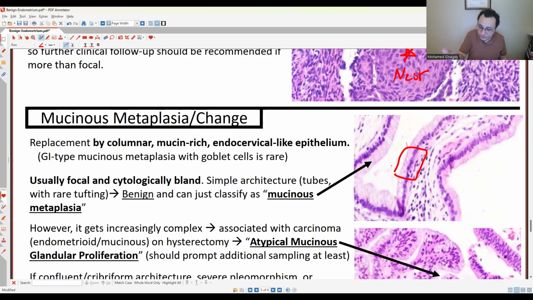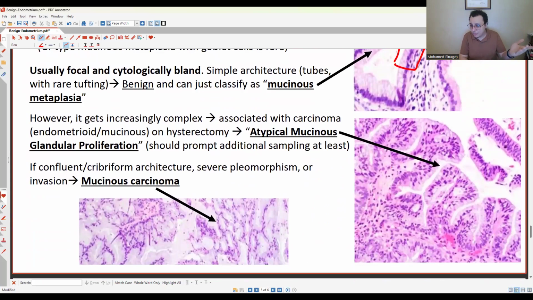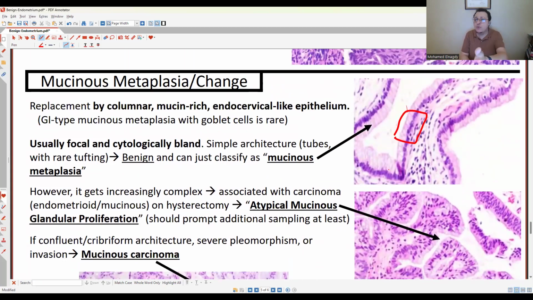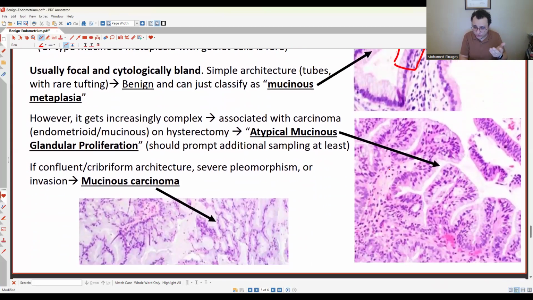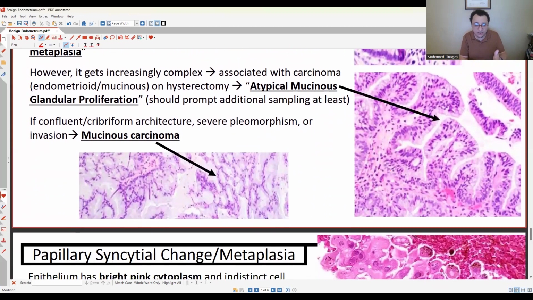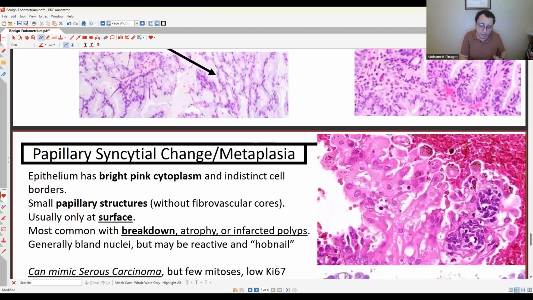So we are not really sure if these are actually metaplastic endometrial glands, or just endocervical glands which are there in the biopsy or in the curettage. You cannot really differentiate between them, and you don't have to. And that's why mucinous metaplasia never comes in the boards. Because how will we know that this is mucinous metaplasia and not endocervical glands? However, there are some criteria that you can apply, but just don't bother about it.